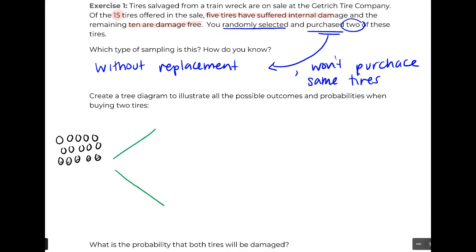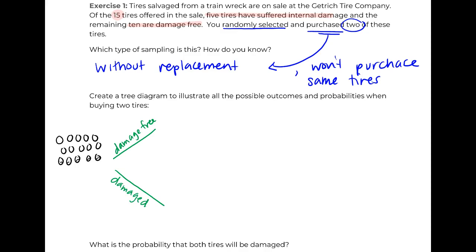That way we can actually see that tree diagram, the different timelines that things could happen in. So we start with all these 15 tires, and it's possible for the first tire I buy, 2 things. If I'm lucky, it's damage free, and if I'm not lucky, it's damaged, if I'm in the darkest timeline. If it's damage free, what's the probability of that happening?